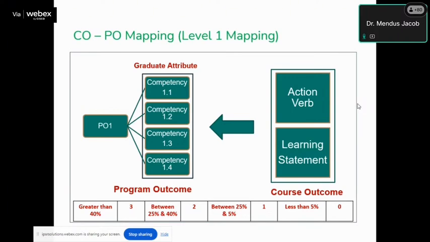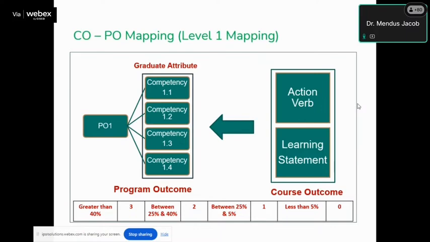If more than 40% of the competencies are addressed by that CO, for example, if there are 5 competencies for a particular PO, that means 40% means 2. So out of these 5 competencies, if 2 of the competencies are addressed by a particular CO, you can give the highest mapping. That means 3.